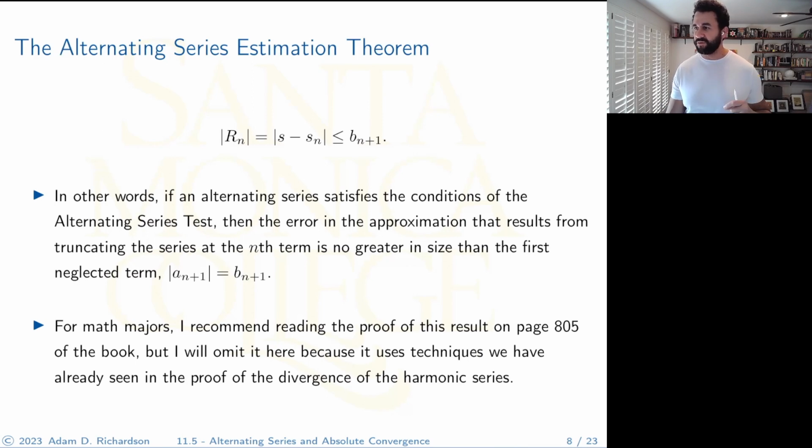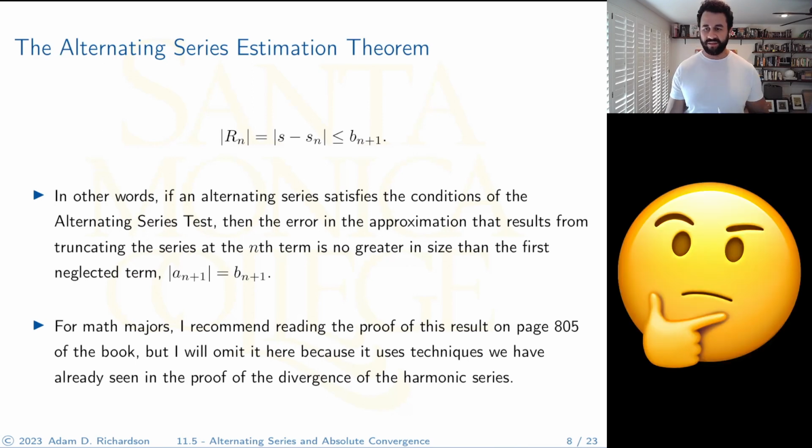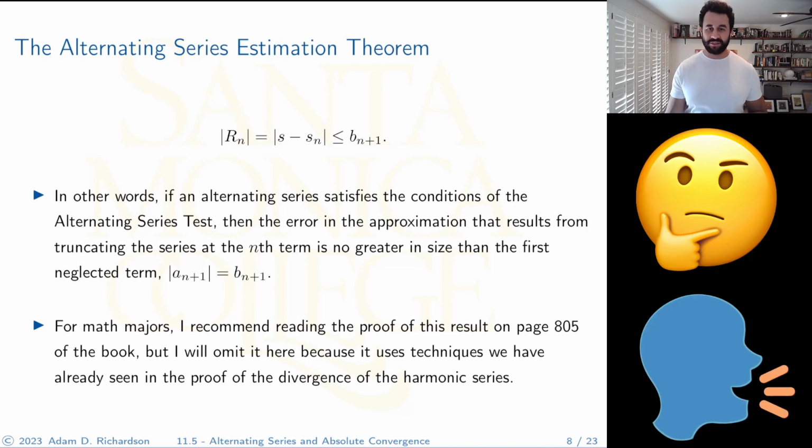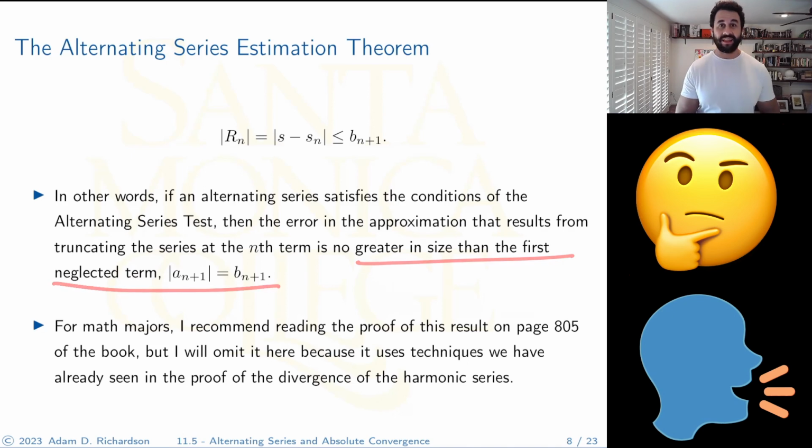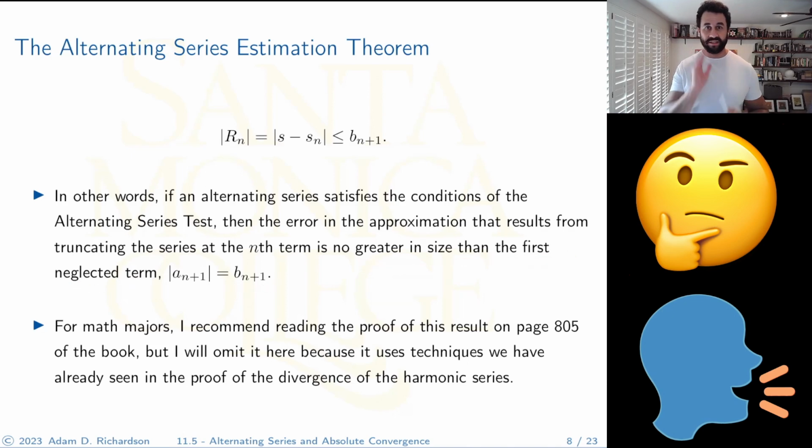Read that paragraph over, think about it for a moment, and let that sink in. Now try to say it out loud to yourself. Try to read this paragraph out loud and see if you can make sense of it in your own words, especially what I mean when I say no greater in size than the first neglected term. And then we'll see an example in a moment.